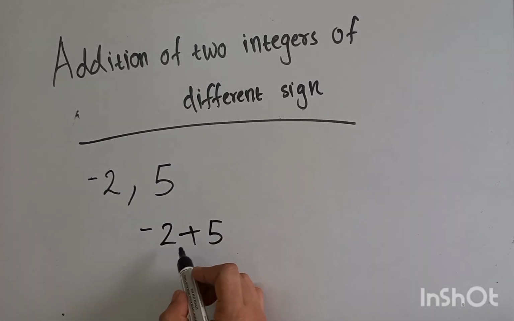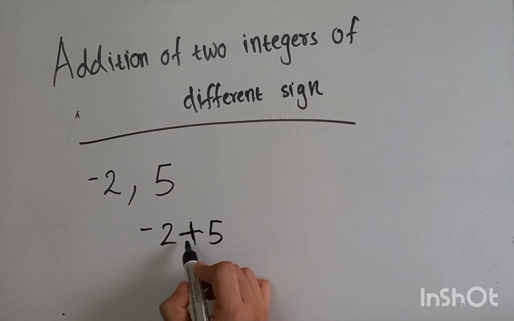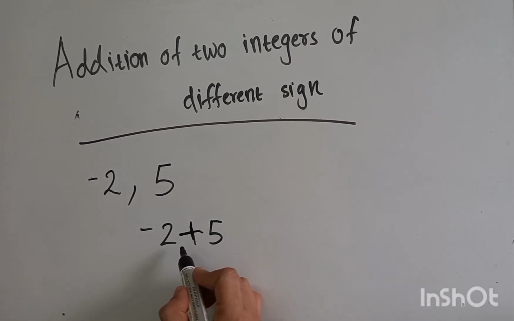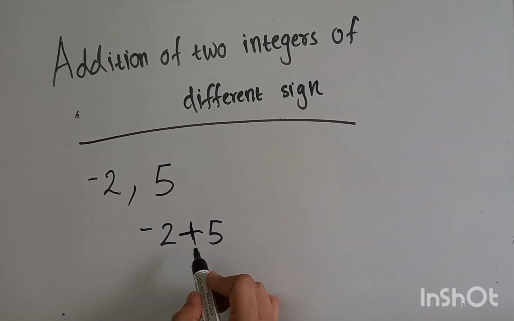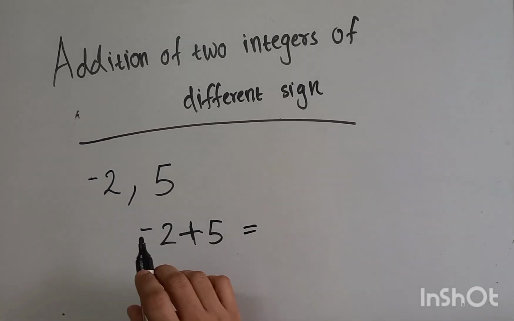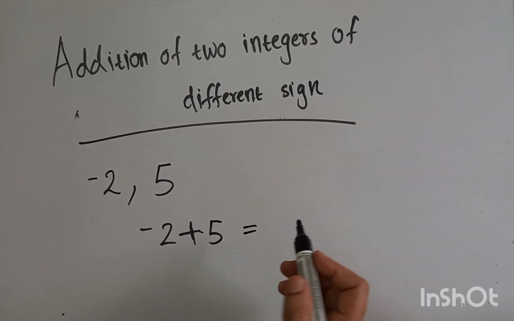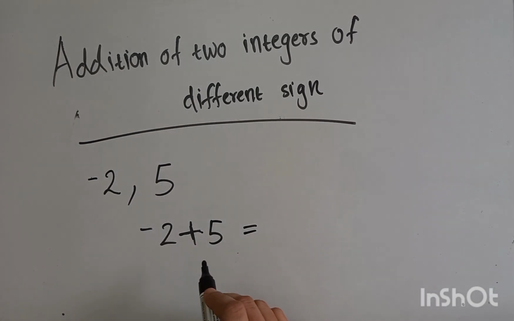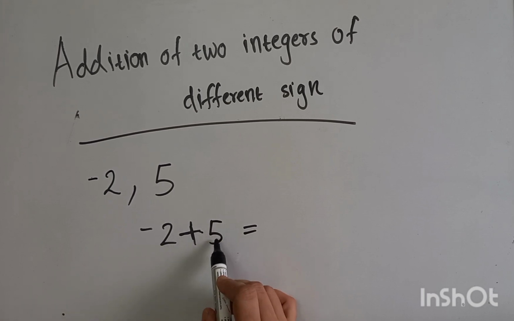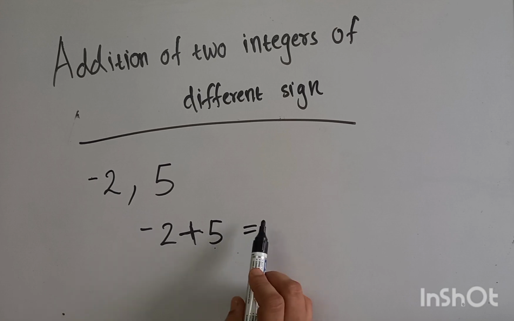If the signs of the two integers are different and you have to do addition, first of all, just neglect the sign of both numbers, as I told in the previous session. Neglecting the sign of negative 2, it will be 2. Neglecting the sign of positive 5, it will be 5.